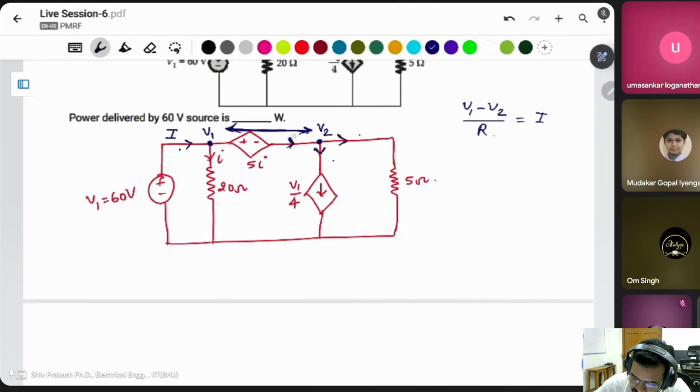But if you can't find the current flowing through this branch, then the same current you can find from these two. If you add these two currents at this node, then the total current KCL is satisfied by these nodes.